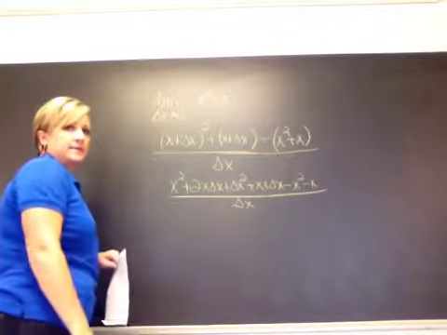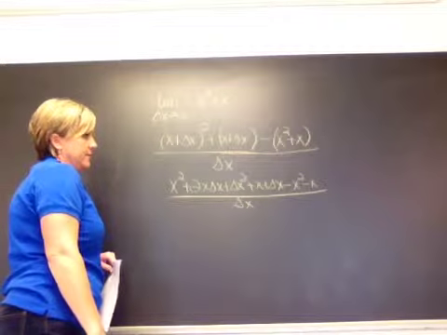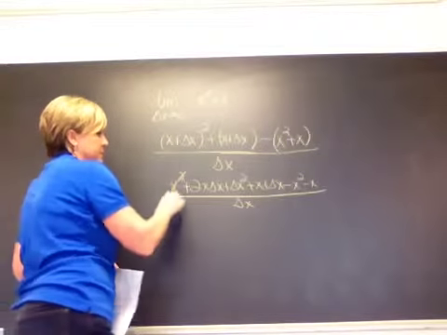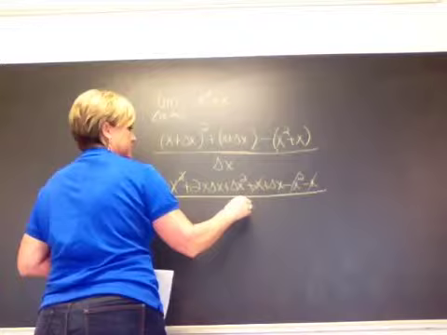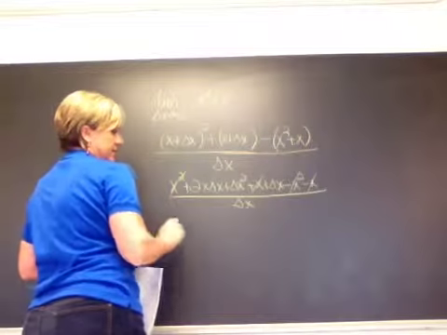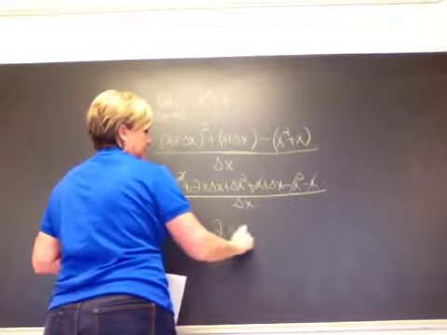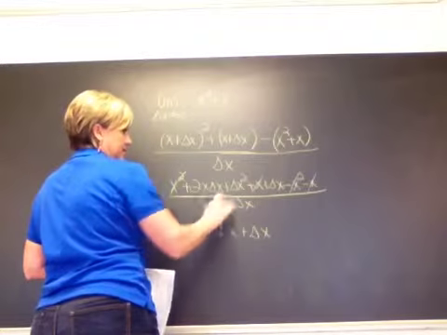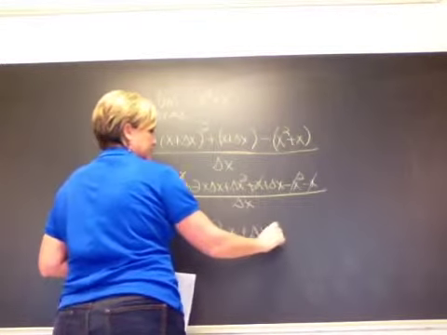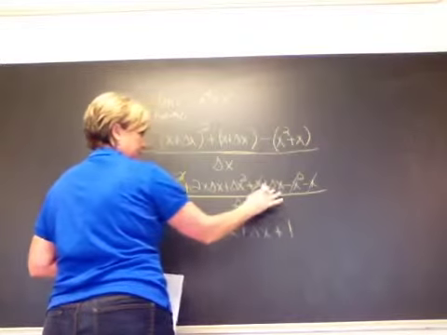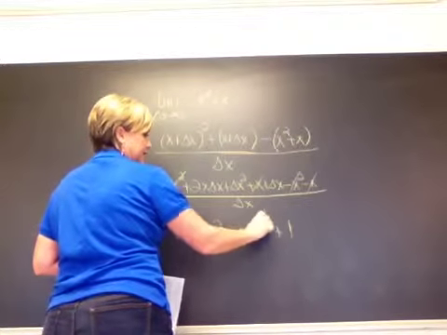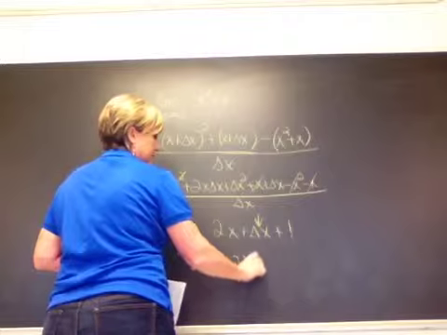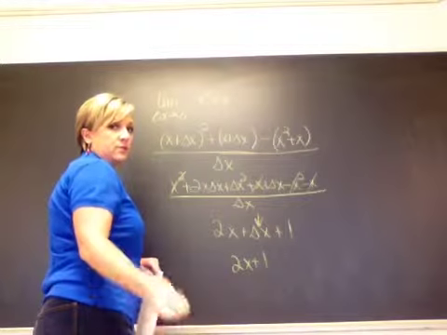And I'll let you look for that a second. And then you cancel your stuff, so it's x squared, the x's cancel. You can reduce everything by delta x, 2x plus delta x, and then that's going to leave you 1 delta x plus 1 because of that one right there. Then don't forget to plug in your 0, so your derivative is 2x plus 1, which is what you should have gotten.